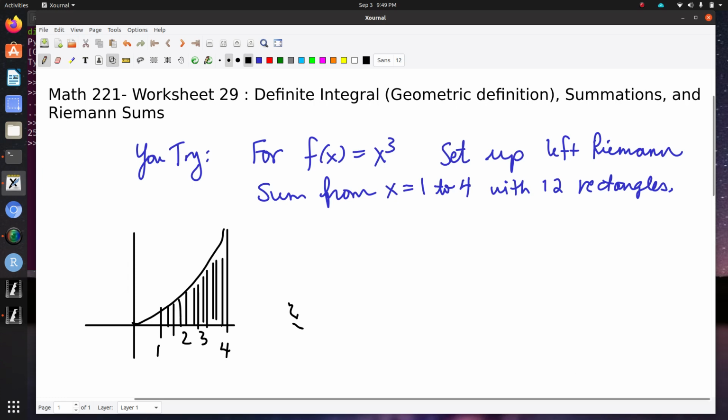So if you want 12 rectangles, b minus a over n is 3 over 12, so it's 1/4. So we're going to call this delta x, and we're going to call it 0.25. We're just going to give it a separate name so we can refer to it later. Okay, so the width is 0.25.